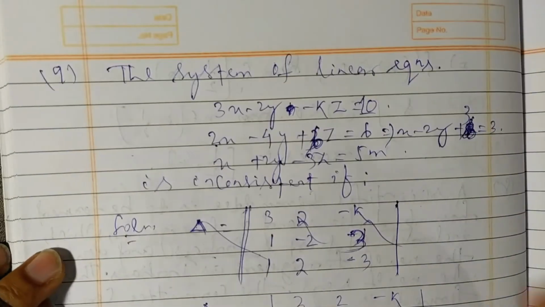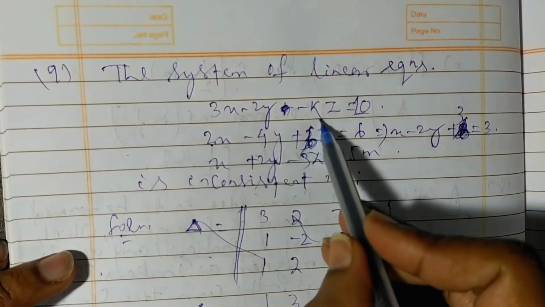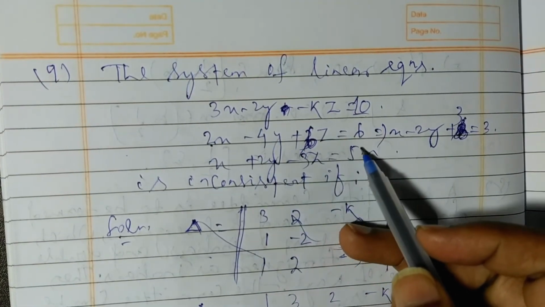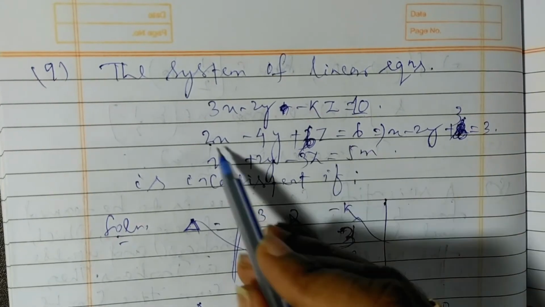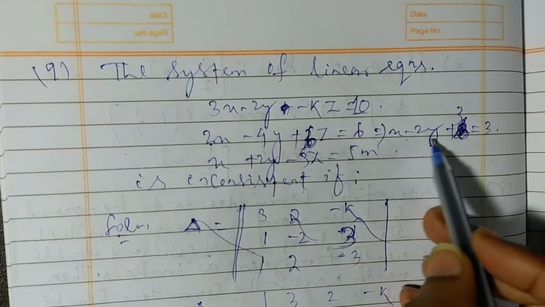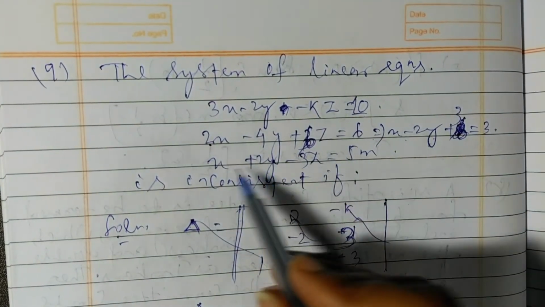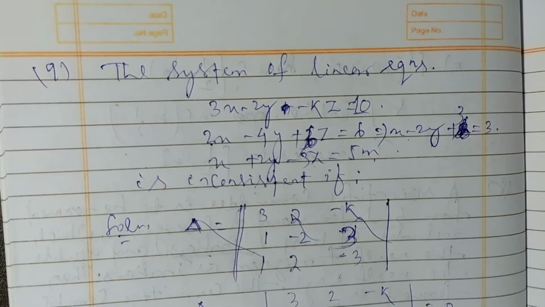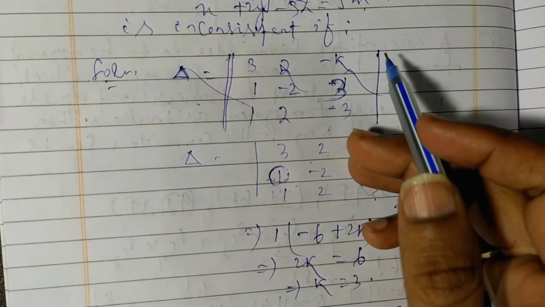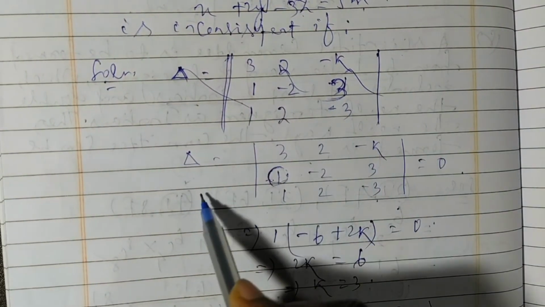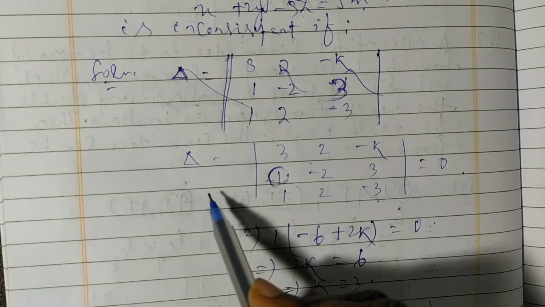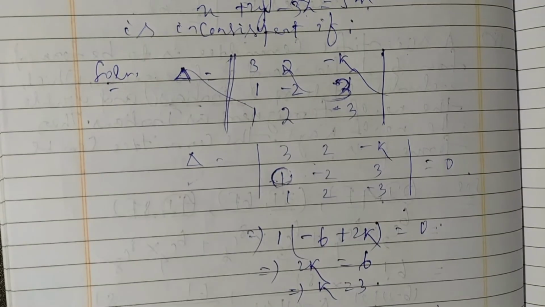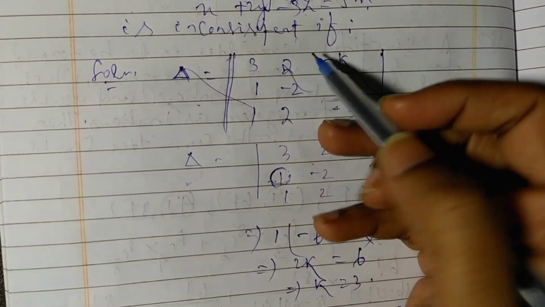The system of linear equations 3x minus 2y minus kz equals 10, 2x minus 4y plus 6z equals 6. When we take 2 common, it becomes x minus 2y plus 3z equals 3, and the third equation is x plus 2y minus 3z equals 5m. The system is consistent if... first we will calculate by Cramer's rule.